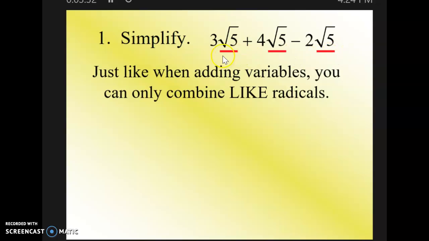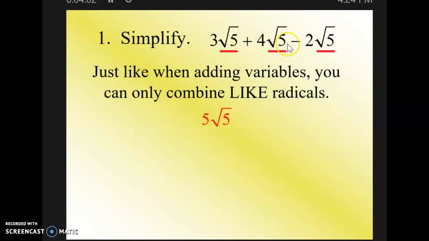Since they all have a 5, they are like radicals, and in that case, we can just add the coefficients, the numbers in front. So we have 3 plus 4 minus 2. What is 3 plus 4 minus 2? It's 5. And then we keep the like radical, square root 5, in the answer. So the answer is just 5 square root 5.